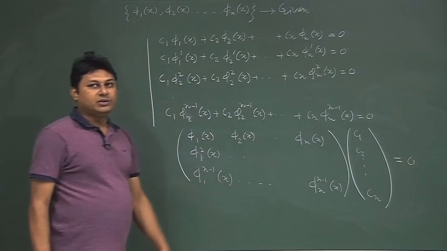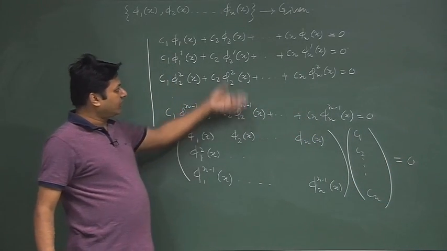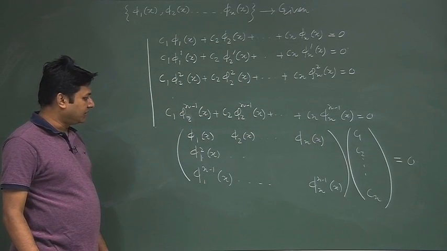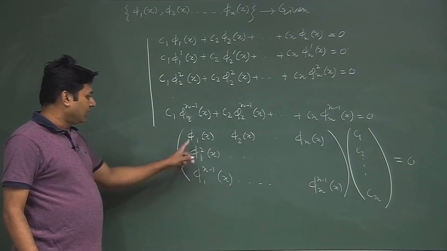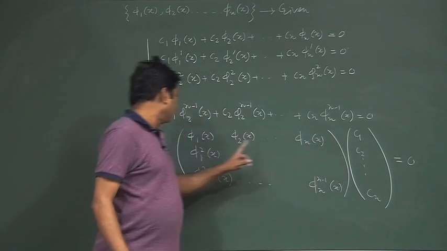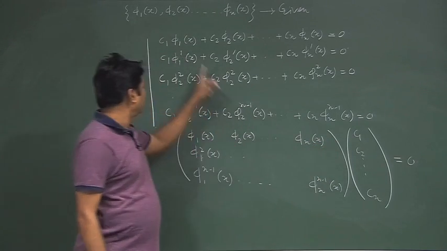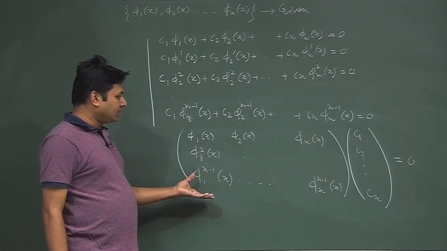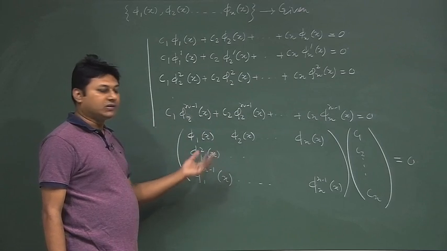This is nothing but a homogeneous equation. This equation I already showed in the previous lecture, and I can write it in this way: this multiplied by C1, this multiplied by C2, and so on. So now I have a set of equations in this homogeneous form.